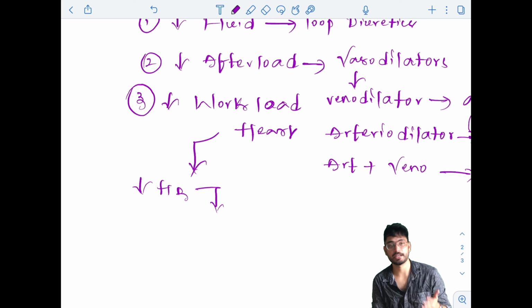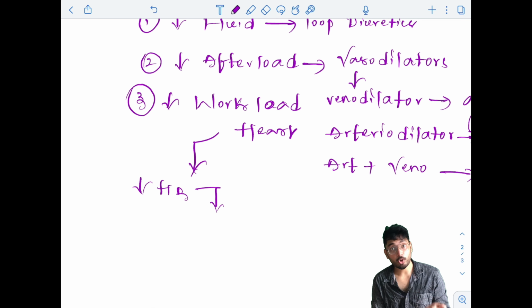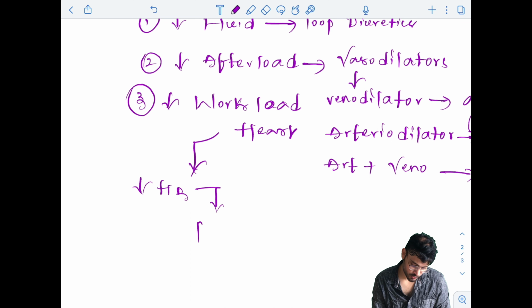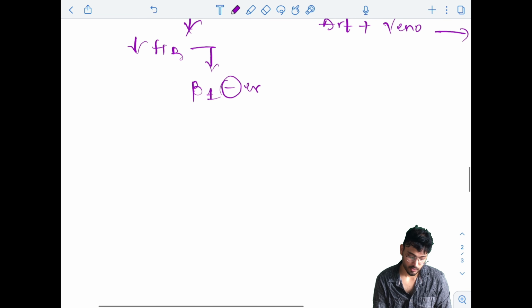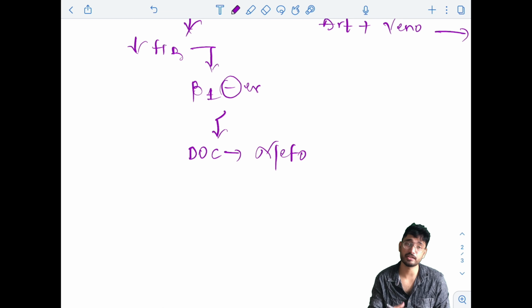By blocking the beta 1 receptors. So we must give beta blockers to the patient. What is the safest beta blocker given in cardiac patients? The drug of choice is metoprolol, because metoprolol has proven mortality benefit in cardiac patients.